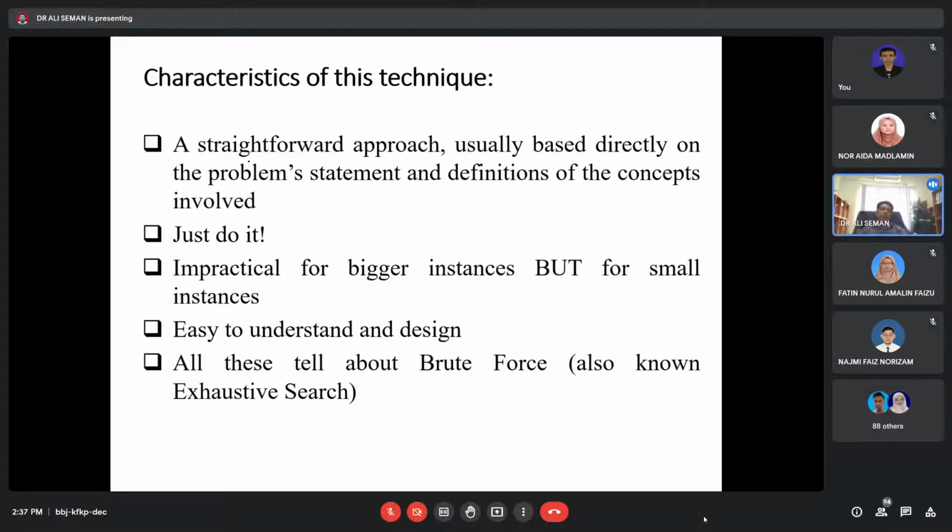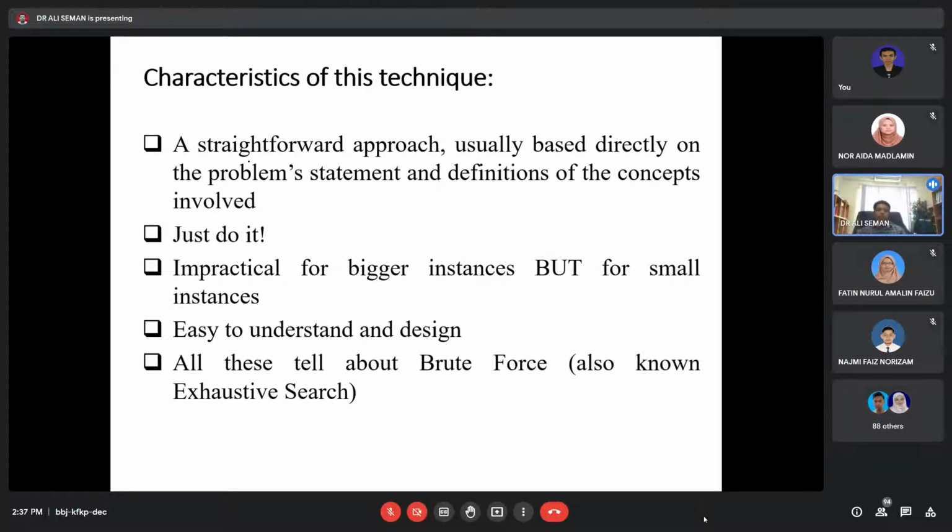And the second is just do it. Of course, just do it. If you want to find the search key K inside, you just go for every location of the array. Okay, but it is impractical for bigger instances, though fine for small instances. What does it mean here? If we have only n equal to 10, the size of the array or list, it is okay, no big issue.